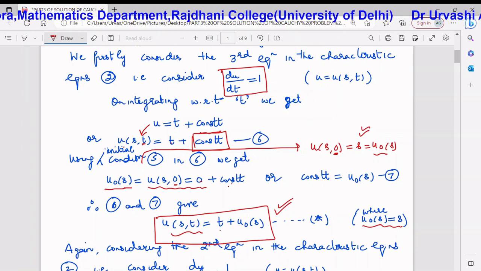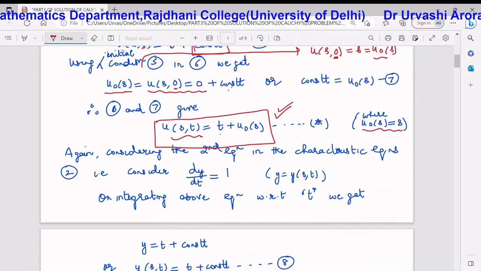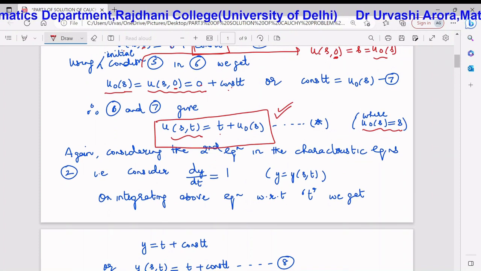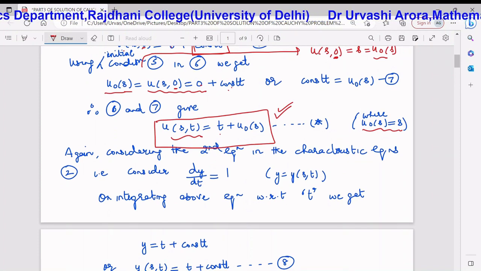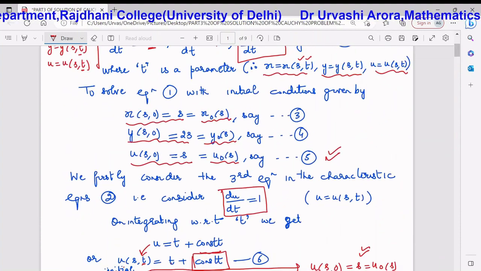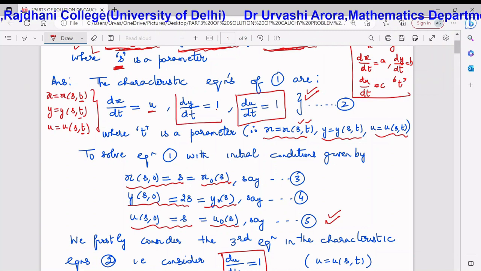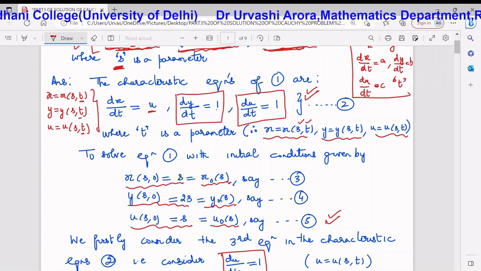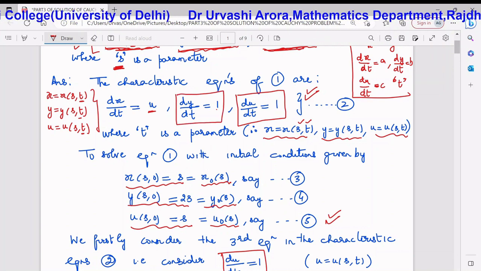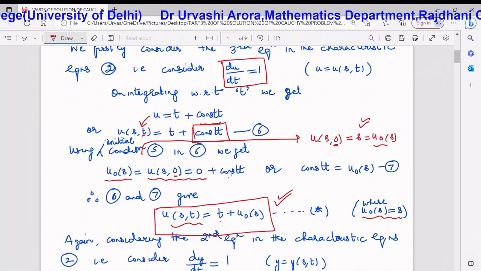Then coming to the second equation of the characteristic equations 2, I am considering dy by dt is equal to 1.